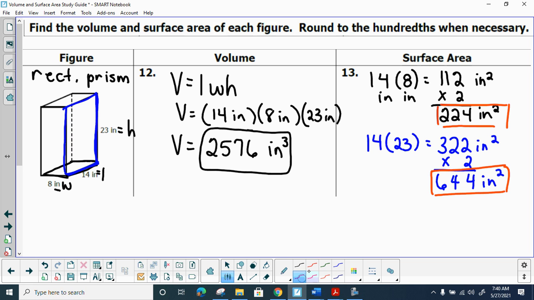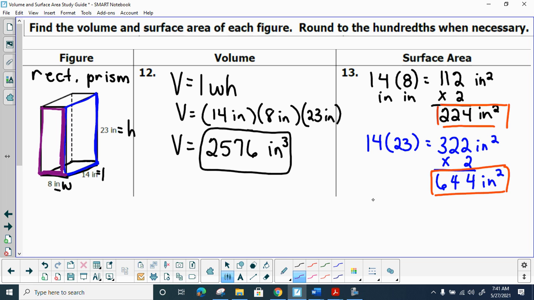And then we have the two skinny sides, the right and the left side, which those are 8 and then 23 tall.